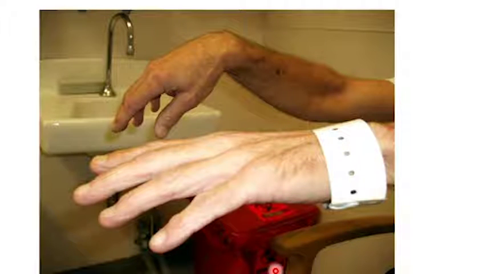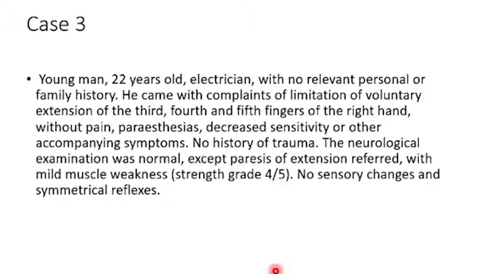So in the exam, this is what you find. You describe to us what you see. So the left upper limb, sorry, and there is obvious atrophy of the muscles. Go back to this again.